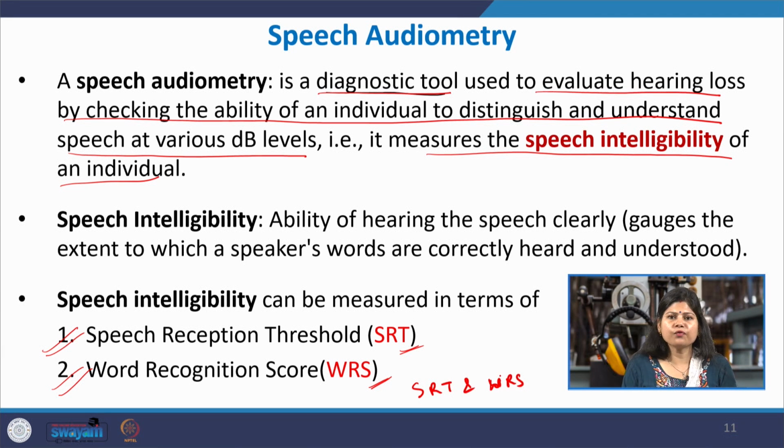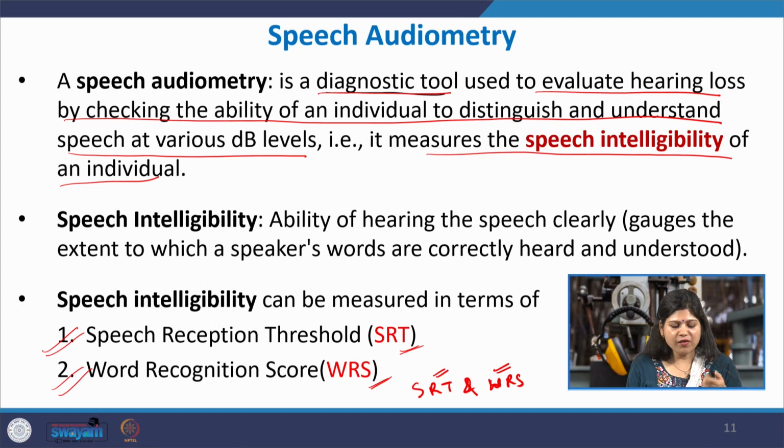In the case of pure tone audiometry, grading of hearing impairment and percentage hearing handicap are supplementary, which means you can use either the grading or the percentage handicap, whichever measure suits you. But in assessing speech intelligibility, you need to assess the SRT first and then follow that up with WRS. Both of these have to come together.